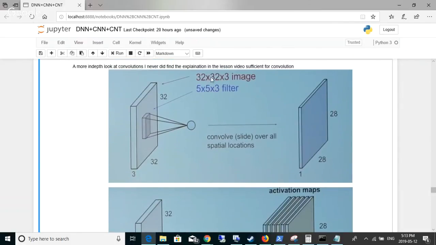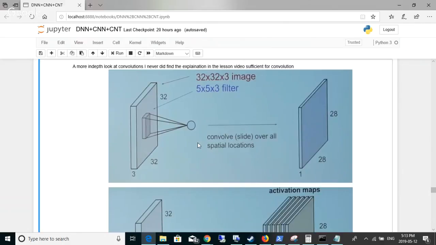Okay, so you can see this is a 32 by 32 by 3 image, and a 5 by 5 by 3 filter is applied onto this. Of course, this is going to be valid padding because you can see it's being reduced down to 28, and it gives back a 1 by 28 by 28, right?